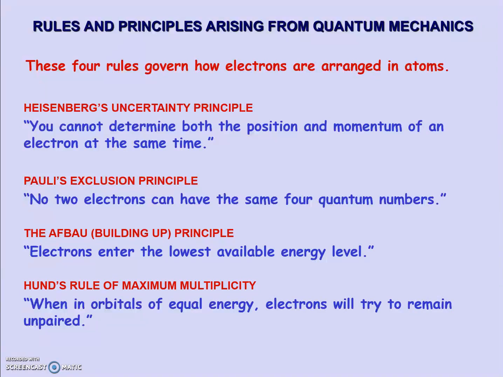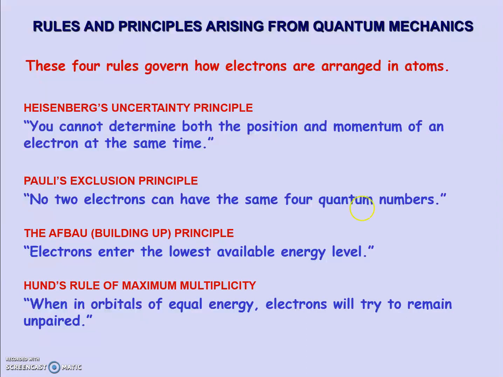So basically, you may know where an electron is, but you don't know where it's going to go next. Pauli's exclusion principle: no 2 electrons can have the same 4 quantum numbers, which means that we will say they have opposite spin.